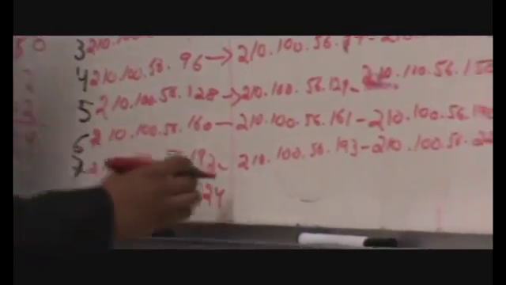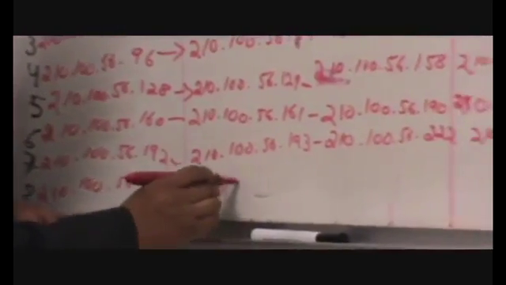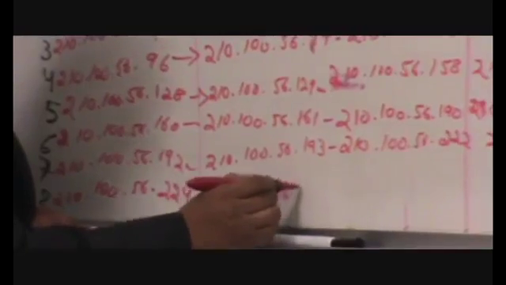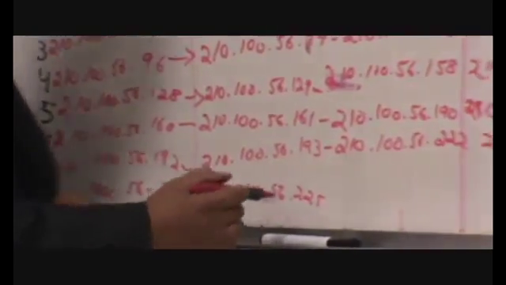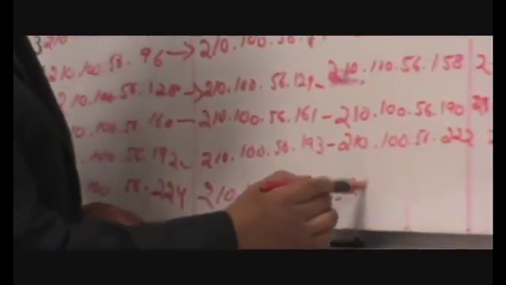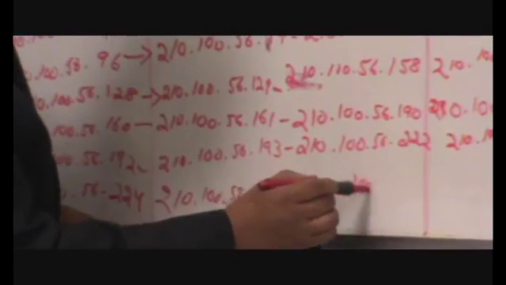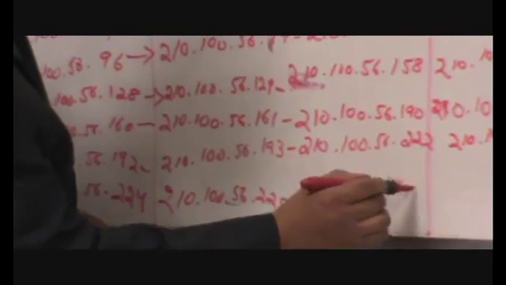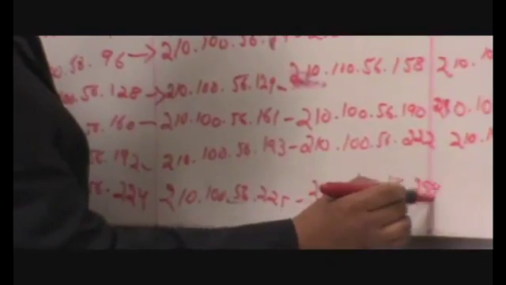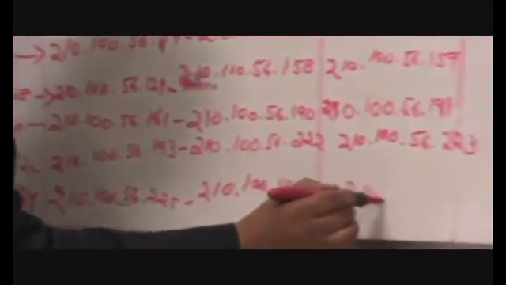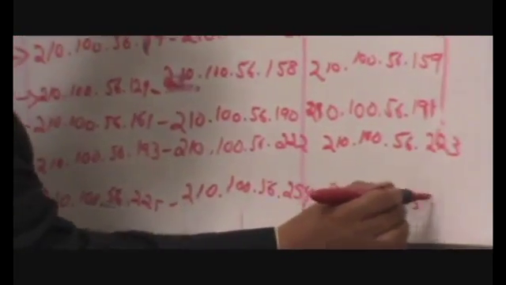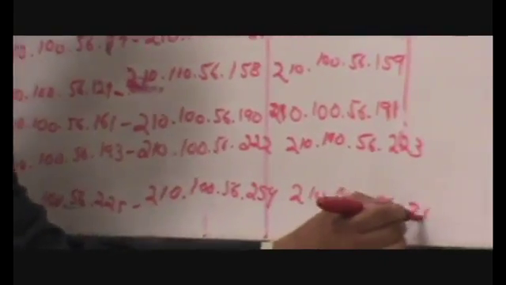And my last but not least network is going to be 210.100.56.224. So 210.100.56.225 will be my first usable address, and my last usable address is going to be 210.100.56.254, and 210.100.56.255 is going to be my broadcast address for my last network.